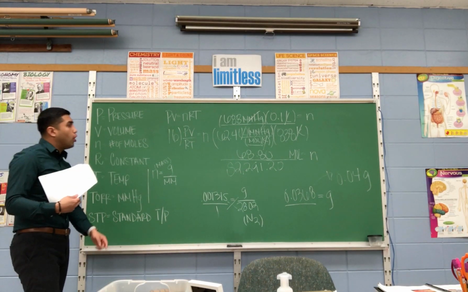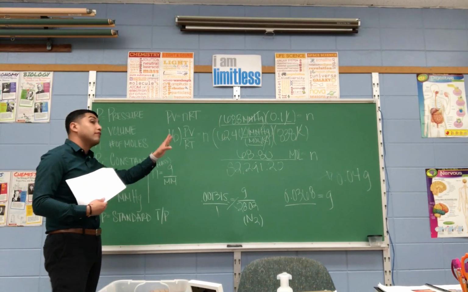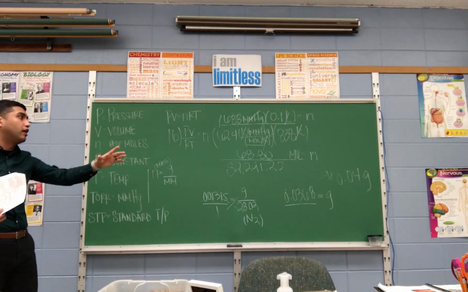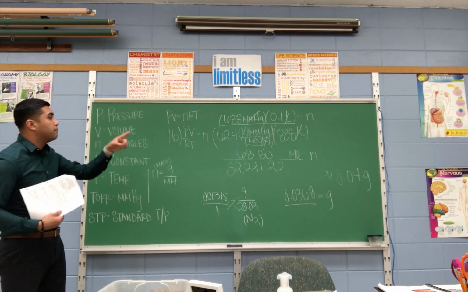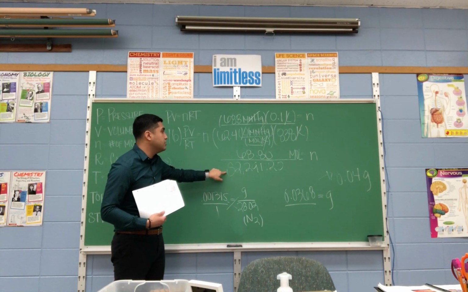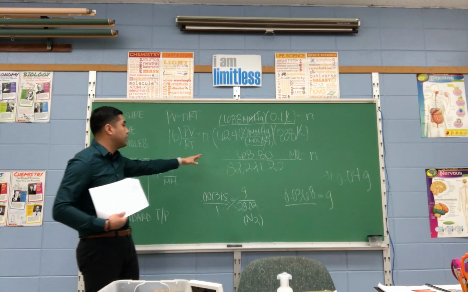My volume is 0.1. My R constant is 62.4. My T is for temperature. Remember, I've converted them. I moved the decimal 3 times to the left for my volume, and I added 273 for my temperature. I multiplied at the top, multiplied at the bottom. I got these 2. I divided this by this. I canceled out all of my units except for mole, which is N. I know I'm doing that correct.